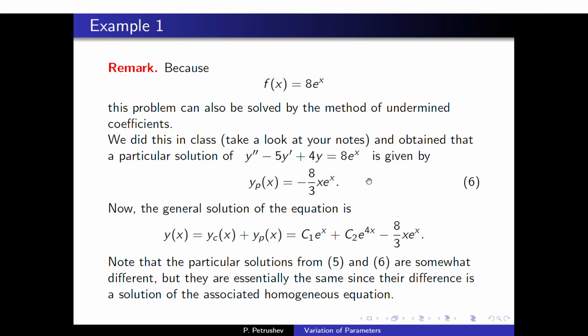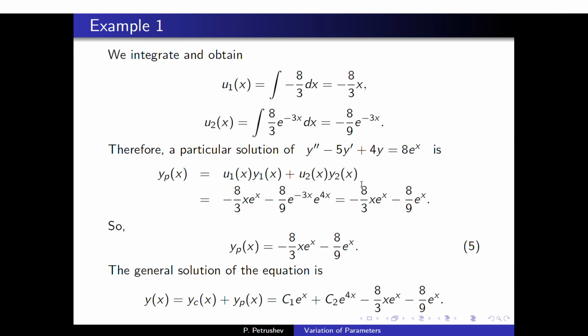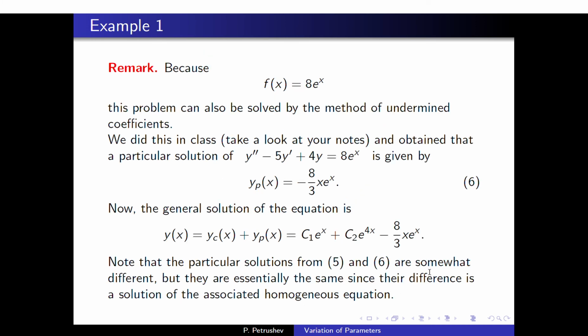Now, I would like to compare this solution with the previous solution, and we see that they're slightly different. But the difference between these two particular solutions is this function, which is a solution of the homogeneous equation. So the two general solutions are the same.